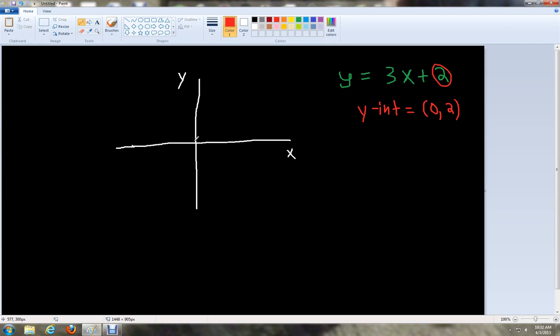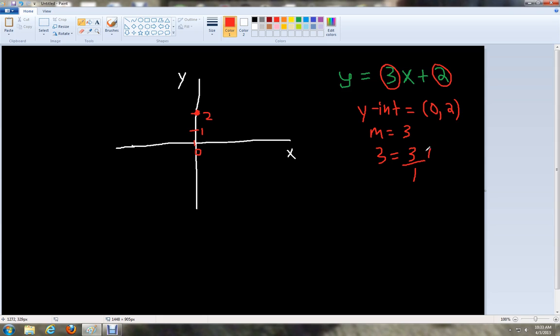So we're going to start at 0 here and go 1, 2. And there's our point. We'll plot a point there at (0, 2). Then we're going to use the idea of slope. We notice our slope is 3, and 3 can be the same thing as 3 over 1, because of rise over run.